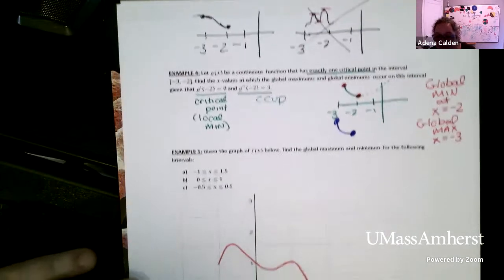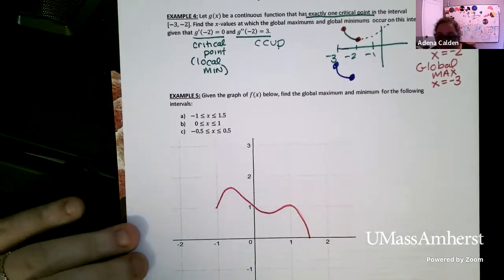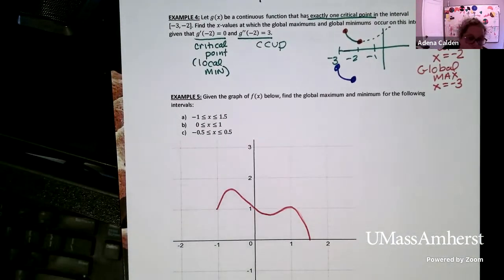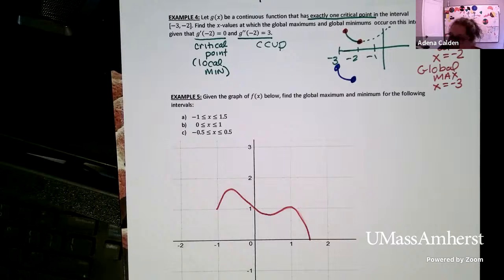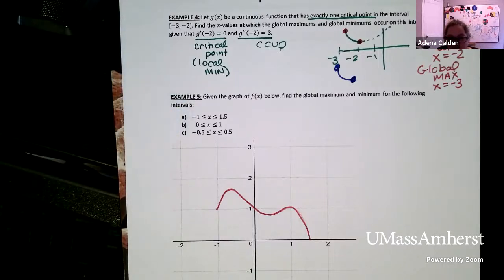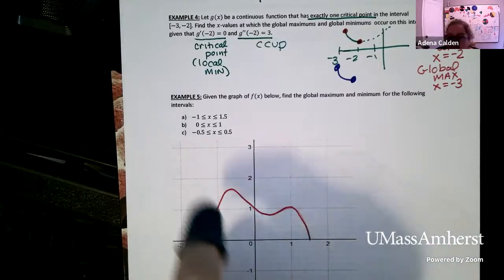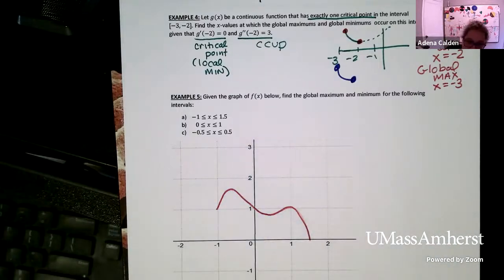So the next bit of analysis we're going to do is we're going to evaluate a graph, but we're going to look at it on different intervals within the graph. So we're still looking for global maximums and minimums, but we have 3 cases here where we have 3 different intervals related to this particular picture, okay?